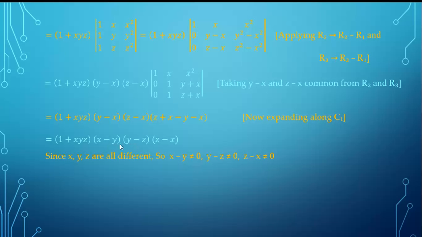So x minus y is not equal to 0, y minus z is not equal to 0, and z minus x is not equal to 0. It means that 1 plus xyz equals 0, because in the question the determinant is given to be equal to 0. So from this we can say that xyz equals minus 1. We needed to prove this. Clear how to prove this?